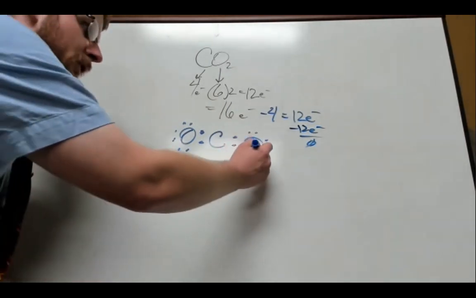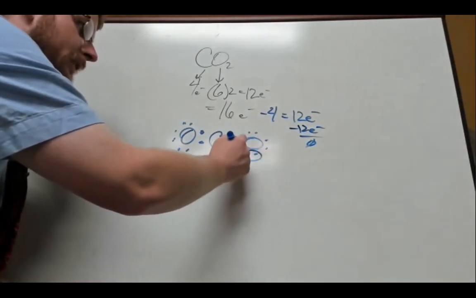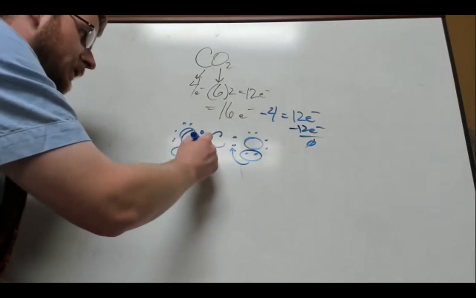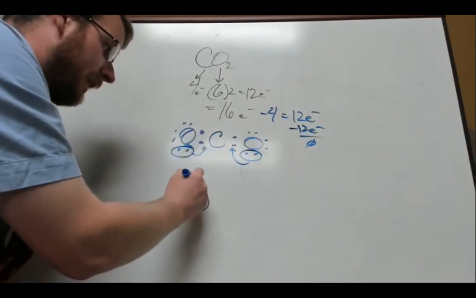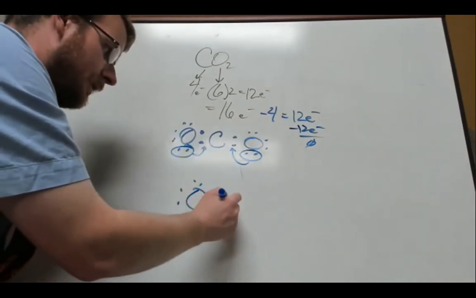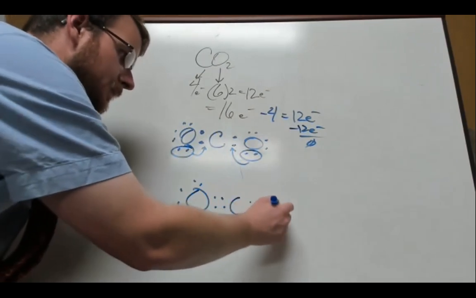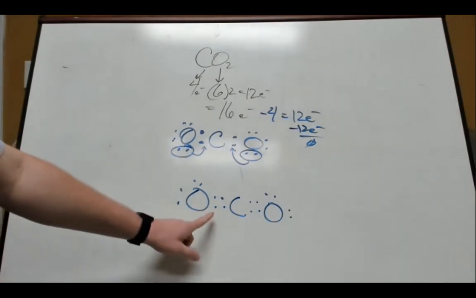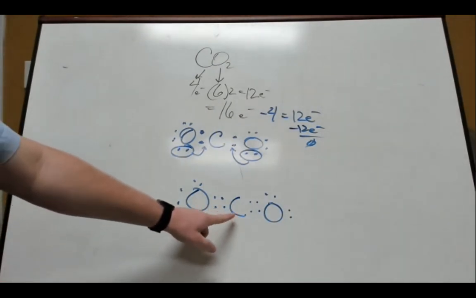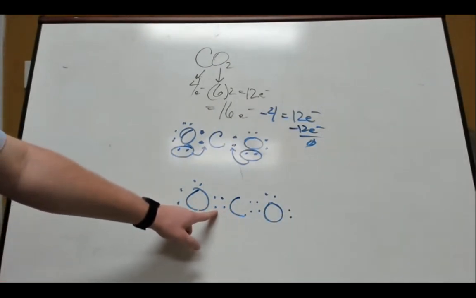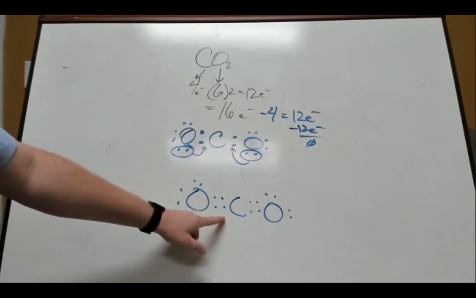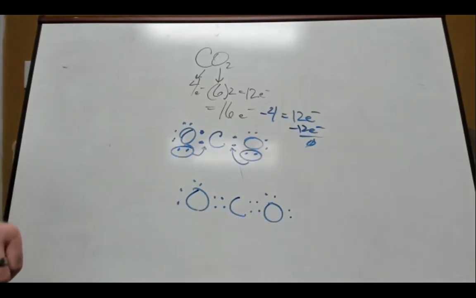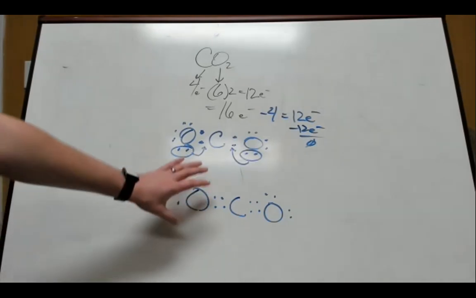And this is what we'll do: we'll take this lone pair, this pair of electrons and this pair of electrons, and we'll just move them in. And so now, because they're being shared, oxygen gets these, carbon gets these. And what we see is now carbon has an octet, and these 2 oxygens still have their octet. And so this is the Lewis structure.